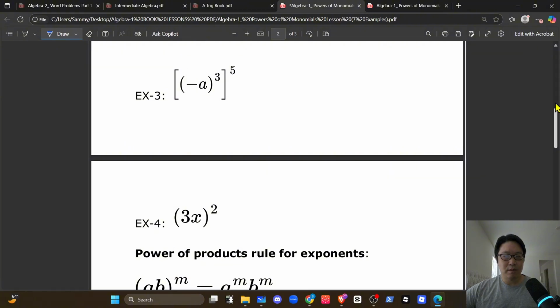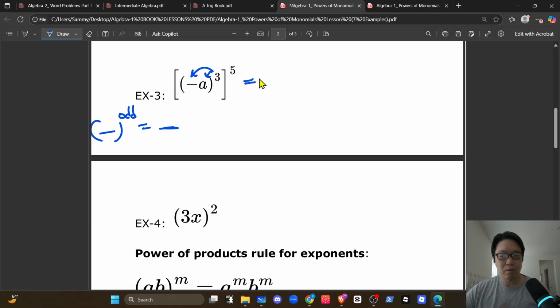All right, in this one, we have negative a raised to the power of 3, and then all of that raised to the power of 5. Well, one thing to keep in mind is, first of all, the 3 is getting applied to the negative and the a, and it's getting raised to an odd power. So whenever you raise a negative to an odd power, you're always going to get back a negative.